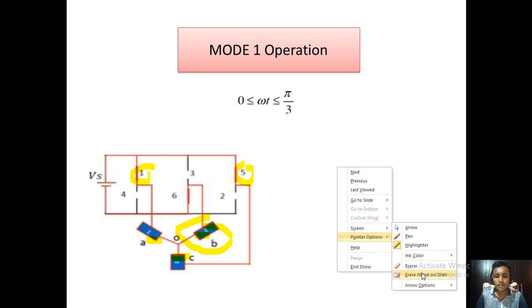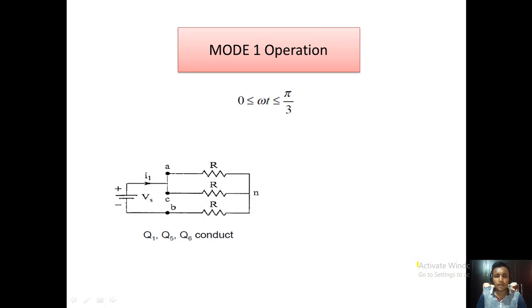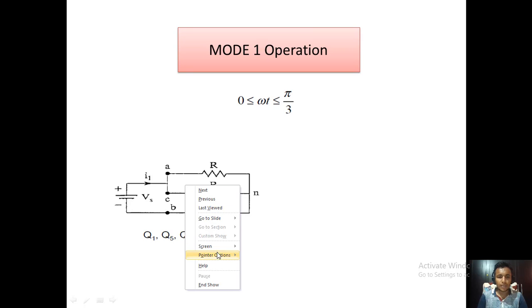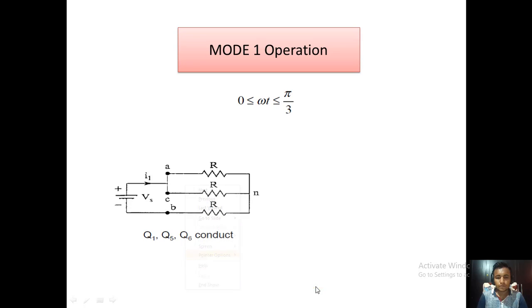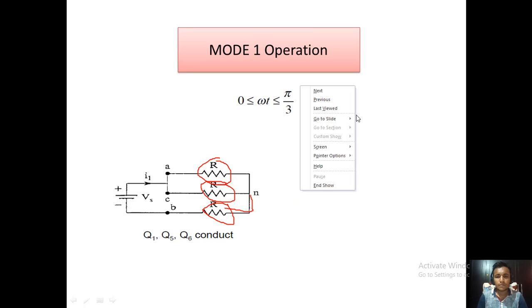So we can say that in the equivalent circuit, the terminals A and C are in parallel, in series with the terminal B. You can see that this resistor R and this resistor R are in parallel combination with this resistor R.